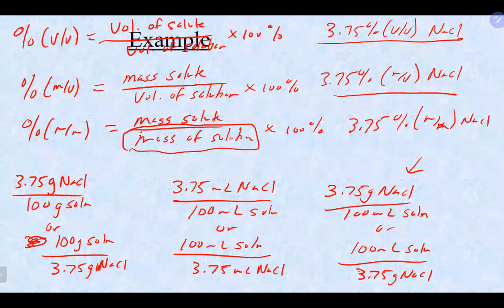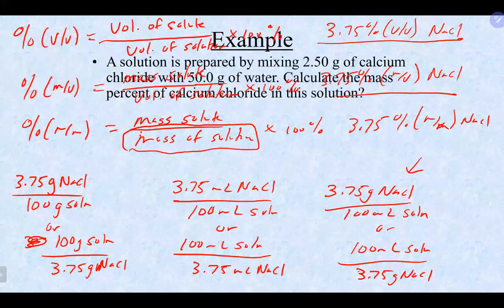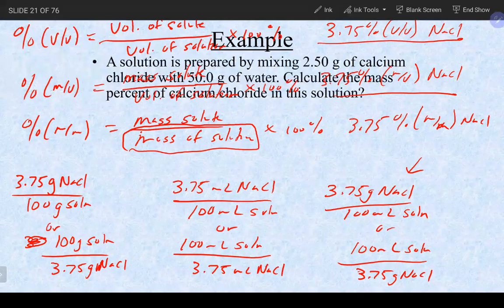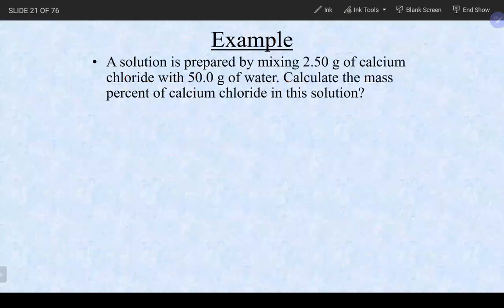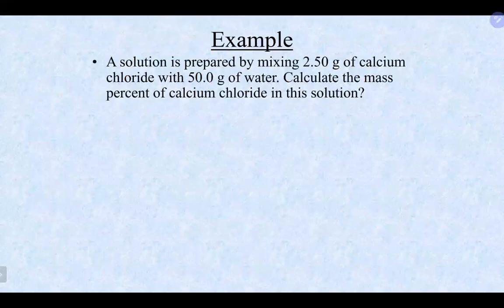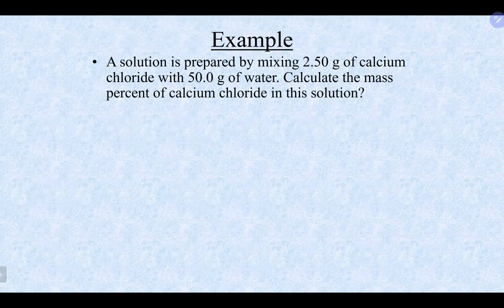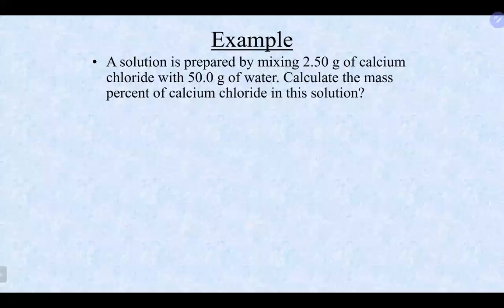All right, let's try one here then. Let me just write over that there. All right, a solution is prepared by mixing 2.5 grams of calcium chloride with 50 grams of water. Calculate the mass percent here.